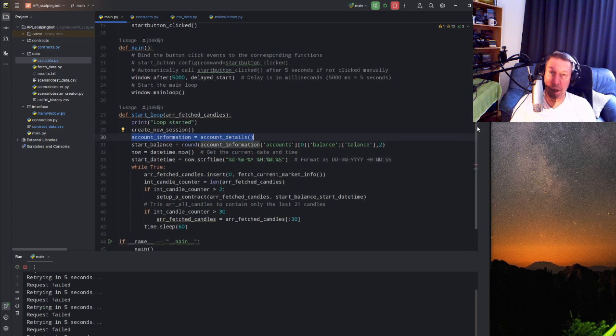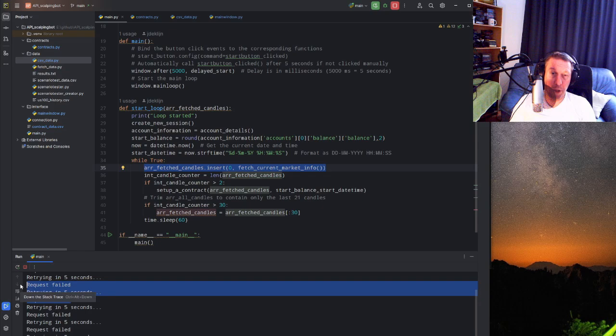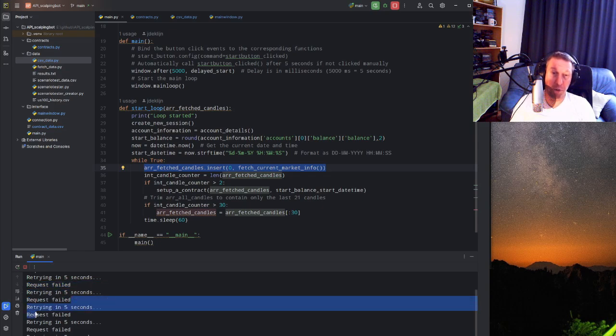No, that's already done. While true, there is a fetch current market candle. So we need to fetch a candle, we need the current market. And while the market was closed, you get this remark, as you see down here: request failed, retrying in 5 seconds, request failed, retrying in 5 seconds, every 5 seconds until the market was open again.